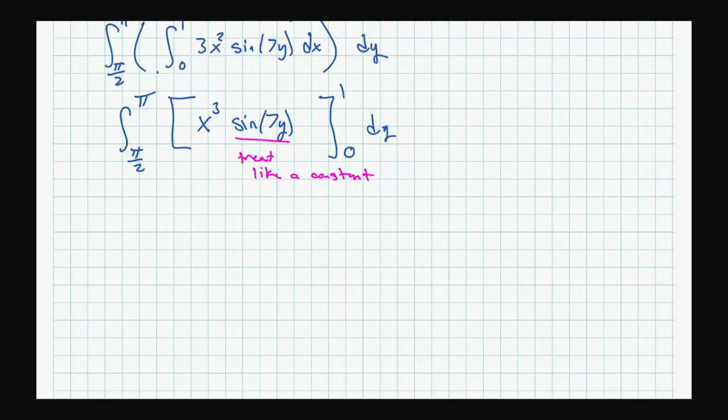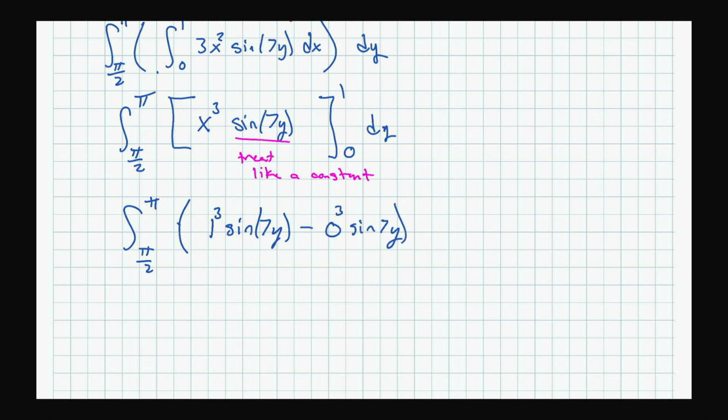So anyway, continuing on, what you're going to do, pi over 2 to pi, you need to plug your 0 and your 1 in for x, right? Remember what the variable was. So you end up with 1 cubed sine 7y minus 0 cubed sine 7y, if you do it this way.